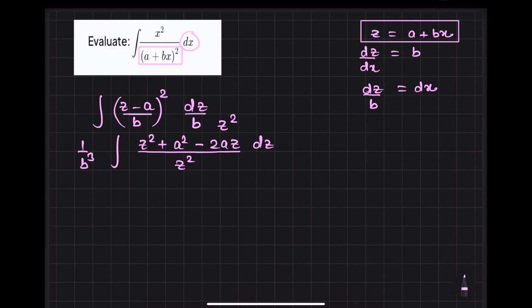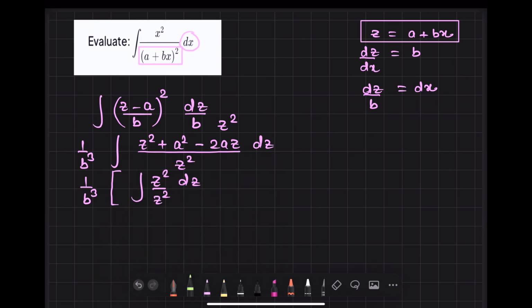Now, you know that while dealing with integration, if we have addition and subtraction, we can segregate our terms. Okay. Now, the point is we have z square by z square dz.